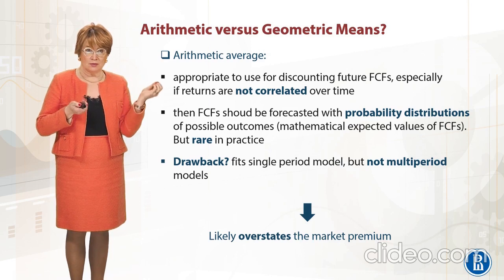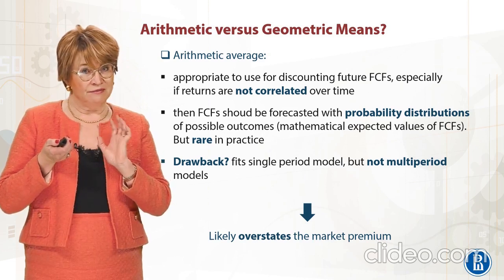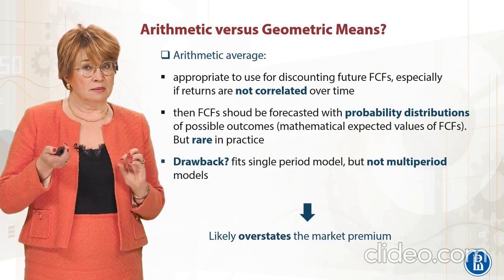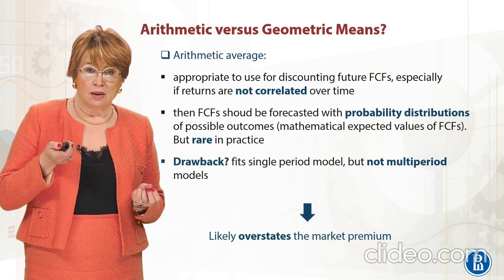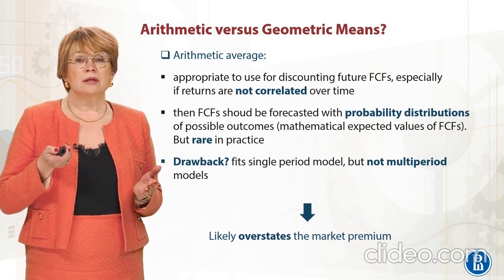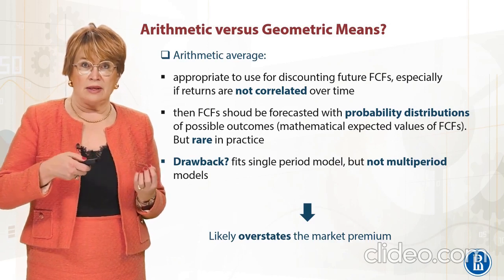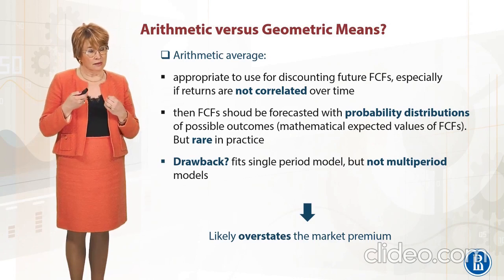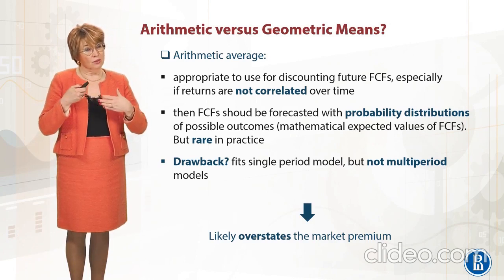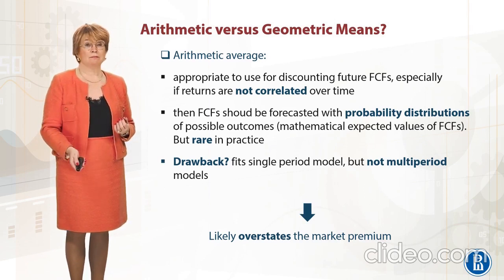How about the drawbacks of arithmetic means as compared to the geometric means? The arithmetic average mostly fits the single-period model, but not multi-period models. And of course, we already saw from some empirical data in the previous part of our class that the arithmetic mean is likely to overstate the market risk premium.